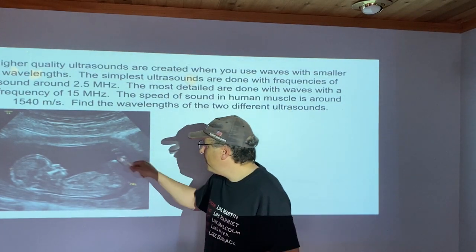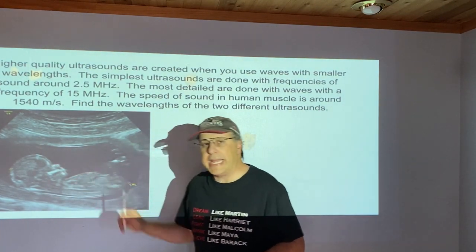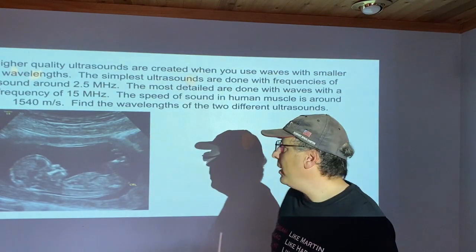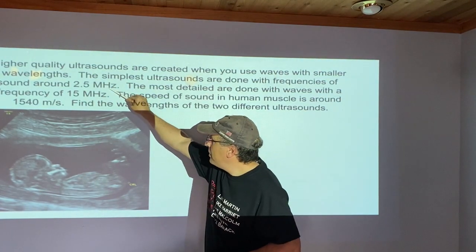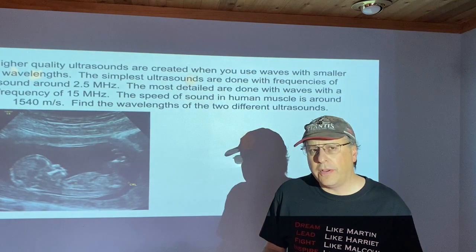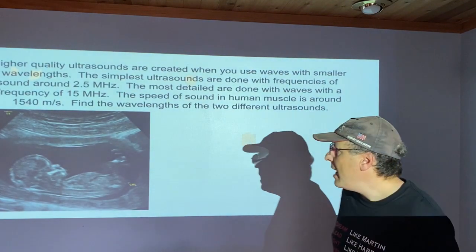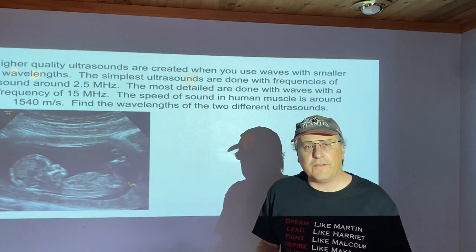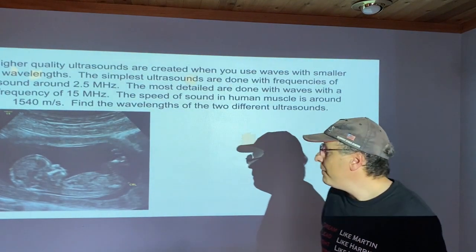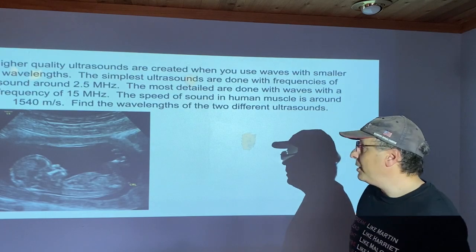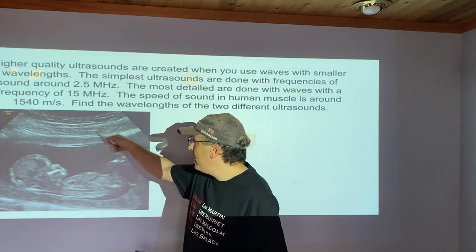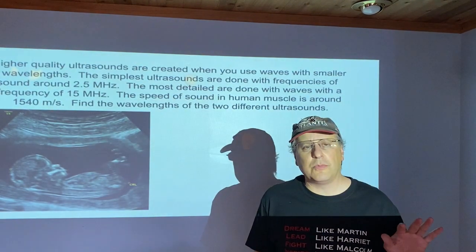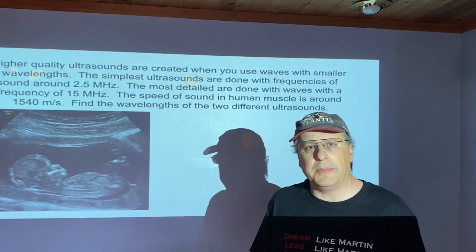Because the smaller the wavelength, the more detail we can see with it. So if you have a low-end ultrasound, it's at 2.5 megahertz. And if it's a high-detailed ultrasound, it will be at 15 megahertz. Find for me the wavelength in both cases. The speed of sound through human tissue is around 1,540 meters per second.